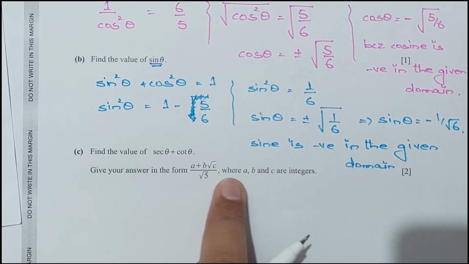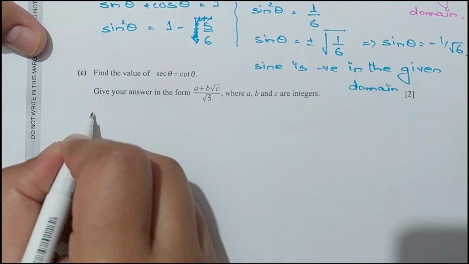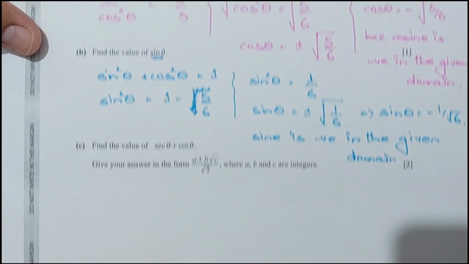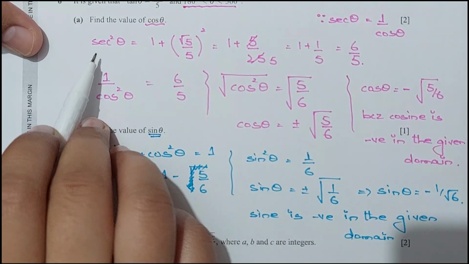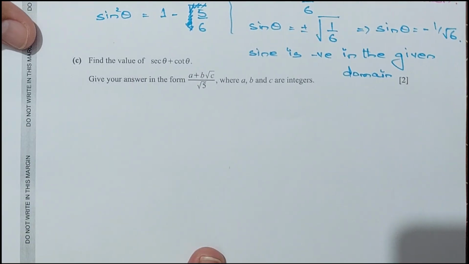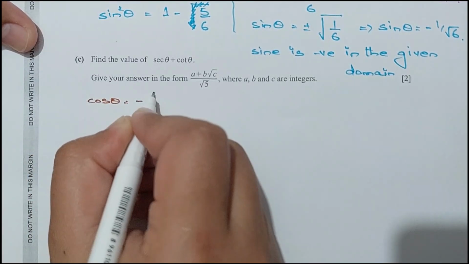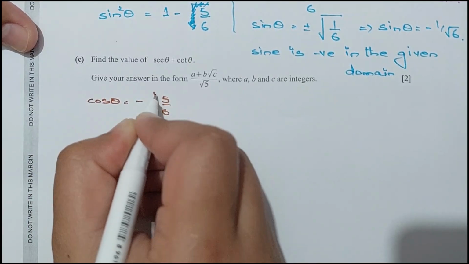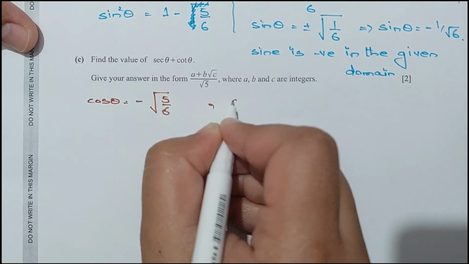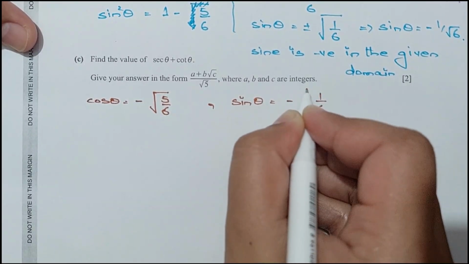Part C, find the value of secant theta plus cot theta. Give your answer in this form, where A, B, C are integers. Okay, so we have secant theta and cot theta. We have found cos theta is minus root 5 by 6, and sine theta is minus root 1 over 6.